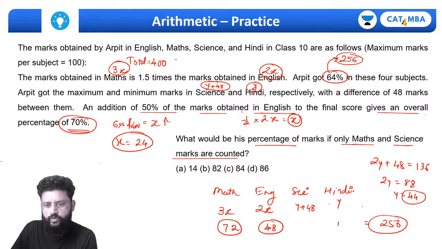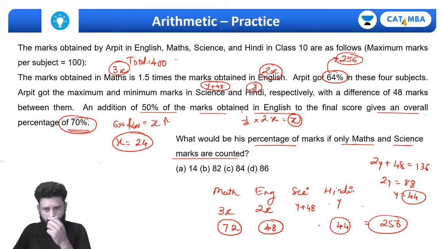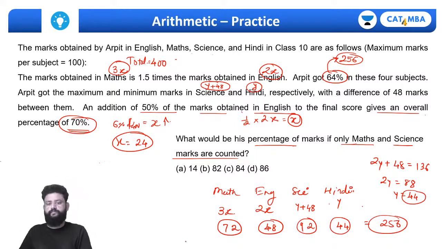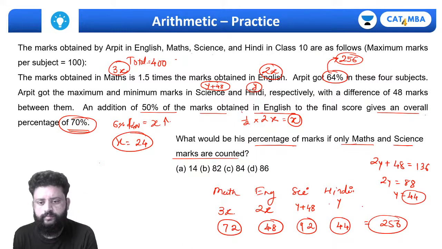So the minimum score was 44 and the maximum score was 44 plus 48, which is 92. Right? If we add this, this is 130.